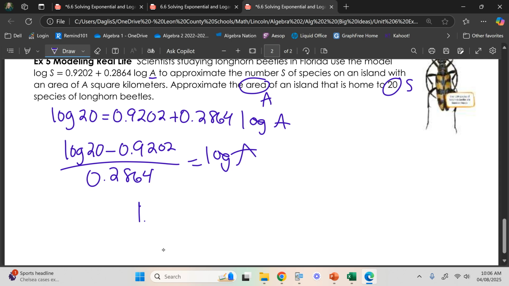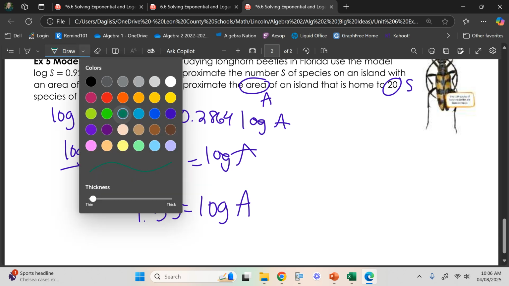So I have 1.33 equals log A. I need A by itself. Now I have a log attached to it. What do I have to bring in to cancel out that log? A base of 10. Good. We have to bring in a base of 10 because that's a common log.